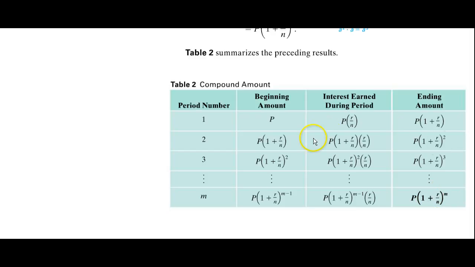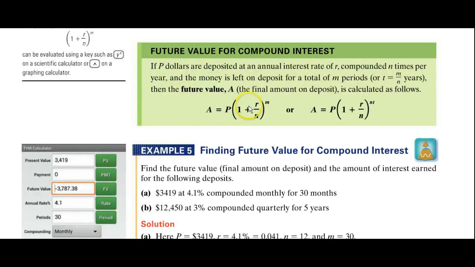So again, you don't need to go through all of this. This is the one that you're interested in. In fact, there is a modification of this that I'll show you. And we see it here. So m, remember, is the number of times you're going to compound during the year times the time, the number of years.